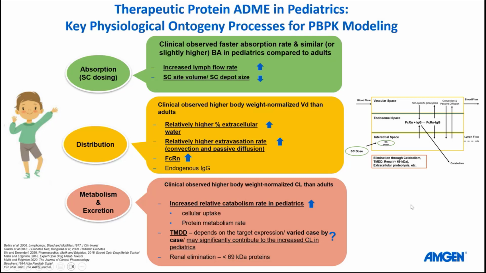In terms of metabolism and excretion, clinically, we have observed higher body weight normalized clearance in pediatrics than adults. In terms of physiological process, it is suspected that this is likely due to an increased relative catabolism rate in pediatrics.